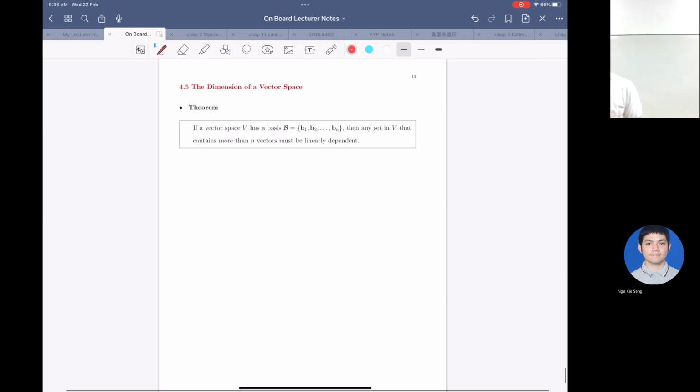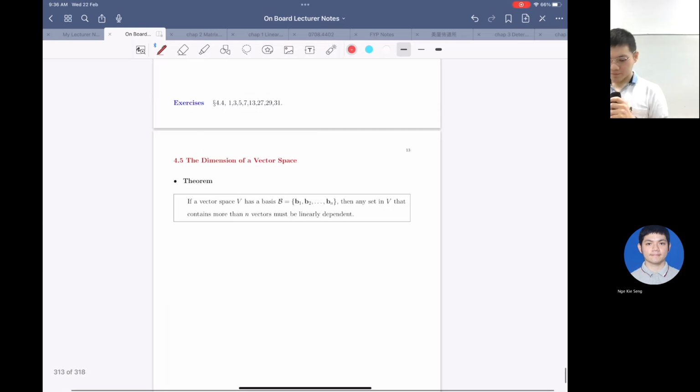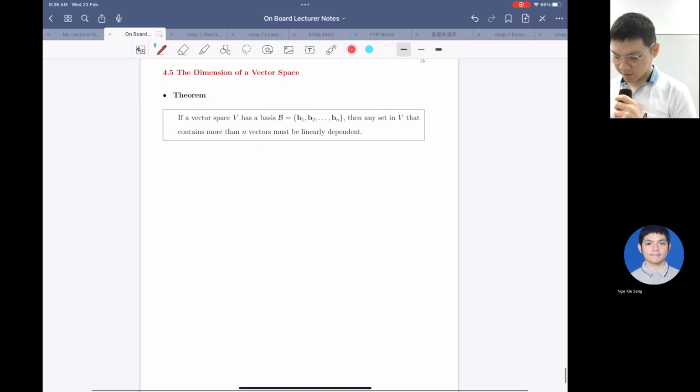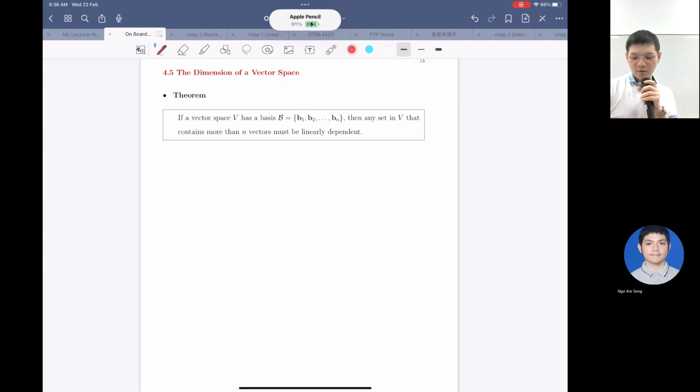So the next thing is the dimension of a vector space. Quite often you come and ask me what the dimension is. Dimension is nothing special. We have a basis, and we just count how many vectors are inside.